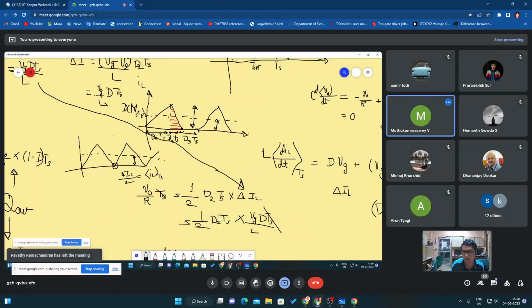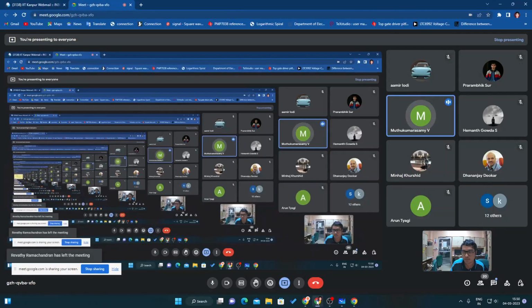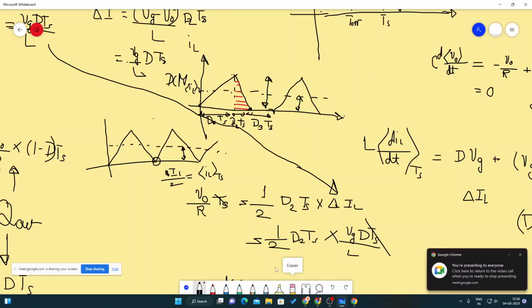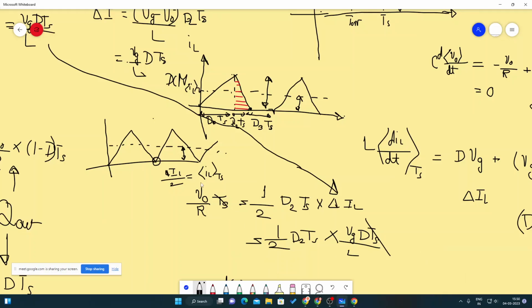Sir, what I'm asking is, here you are saying that the area under the inductor current curve is equal to the average area. That is what we are writing here: delta IL by 2 equal to IL average. So what we are saying is the area under this inductor current curve is equal to the area under the average current curve for a time of Ts.